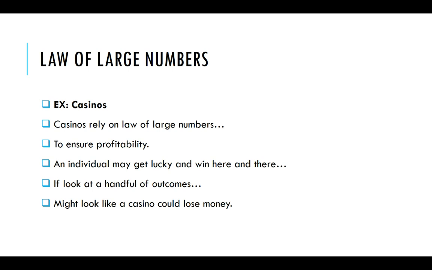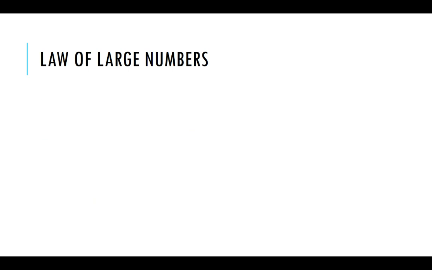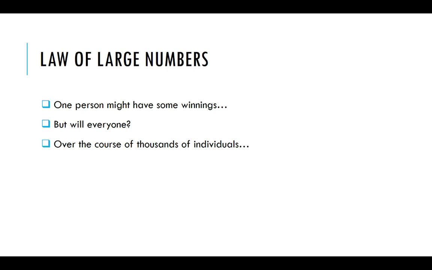But we know that doesn't happen, right, guys? We know that casinos never lose, right? Well, why? Because of the law of large numbers. So while one person might have some winnings, is everyone going to have that same type of success? Of course not. So over the course of thousands of individuals, right, because it's not just 2 people playing at a casino in a night or 5 or 8 or 12, it's going to be tons of people, right?